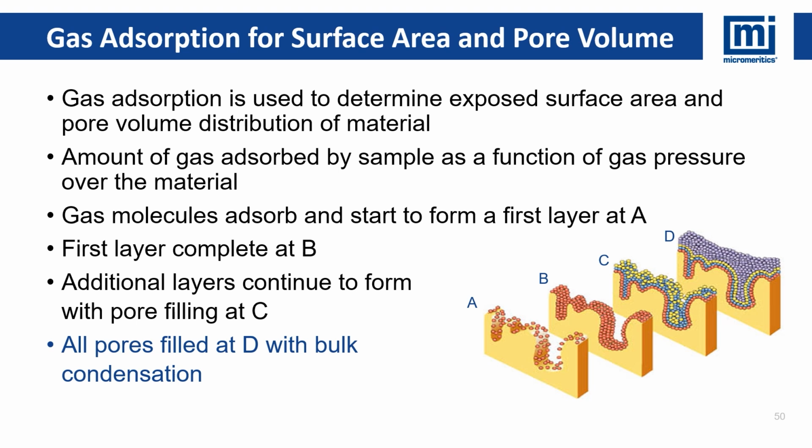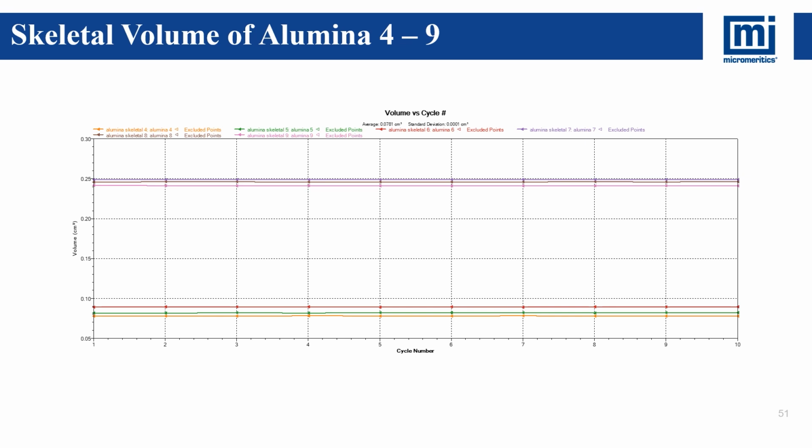Okay, we've described the 4 techniques that we're going to use to characterize our porous alumina. Now let's take a look at some results. First, we see here the skeletal volume for 6 aliquots of our porous alumina.